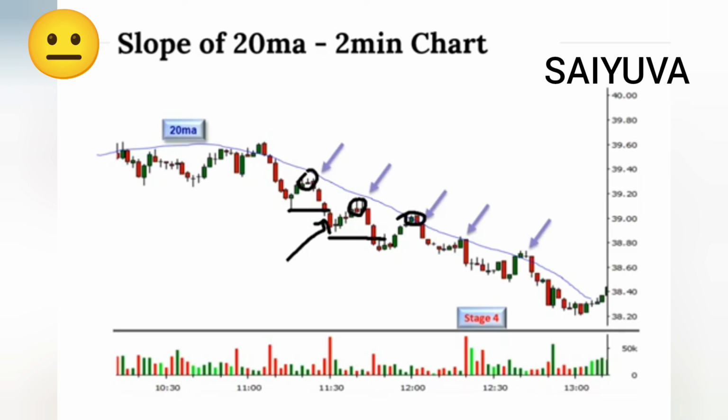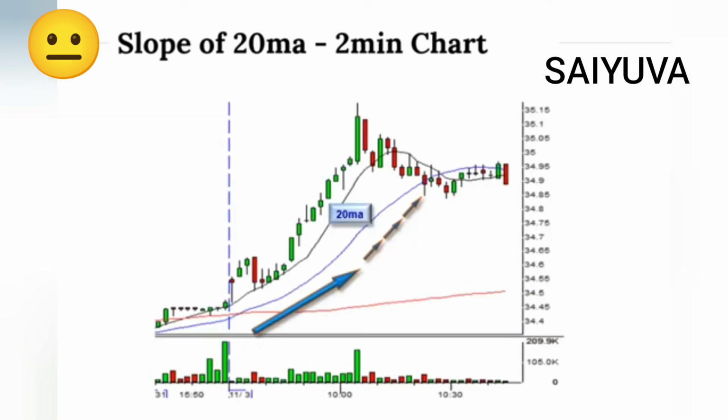So that's the entry. What I used to do when I was learning how to trade was enter here or there, as soon as the stock broke down. Why? Because I would feel safe. I would feel like, oh, the stock just broke under the low of the day, under support, so let's short it.